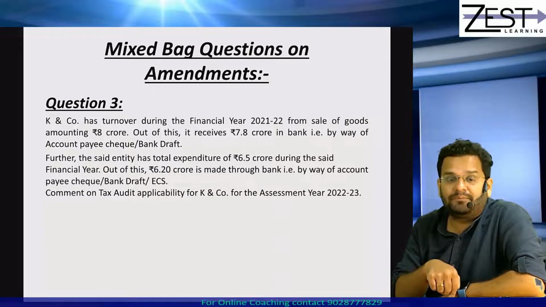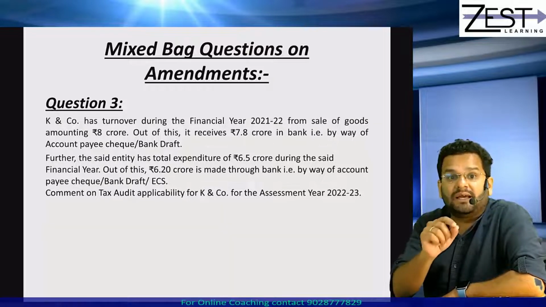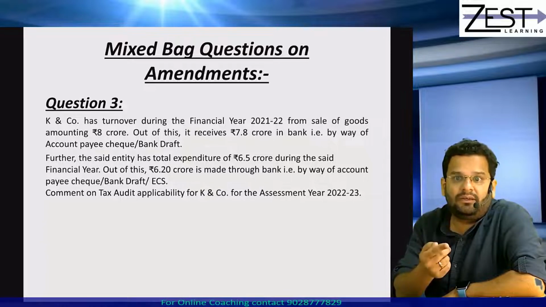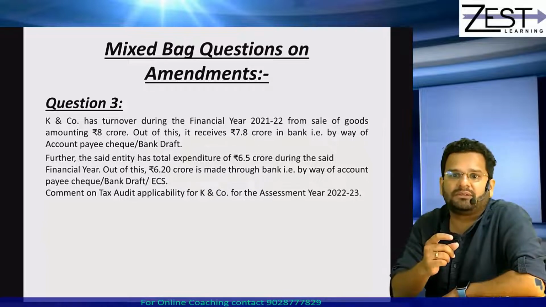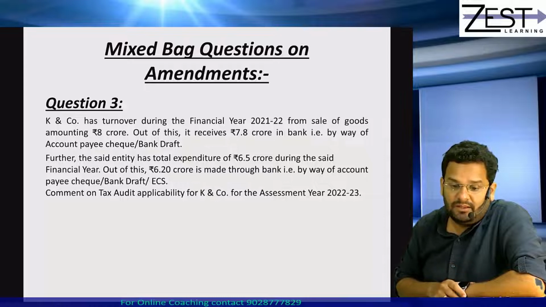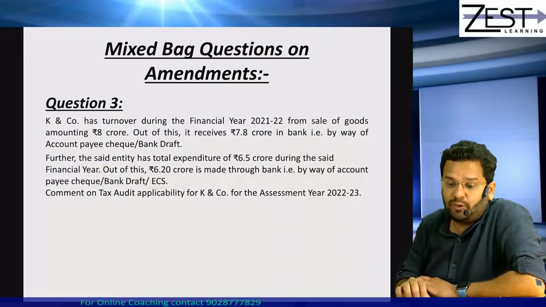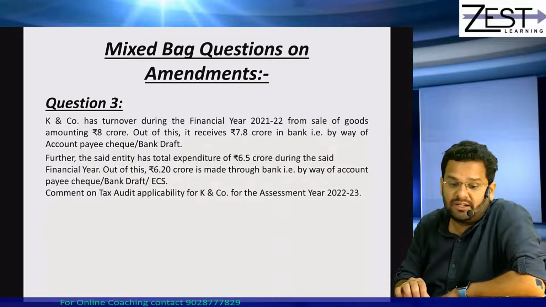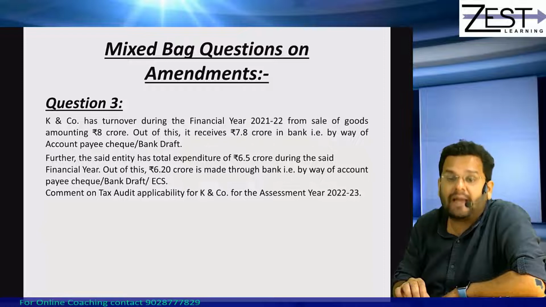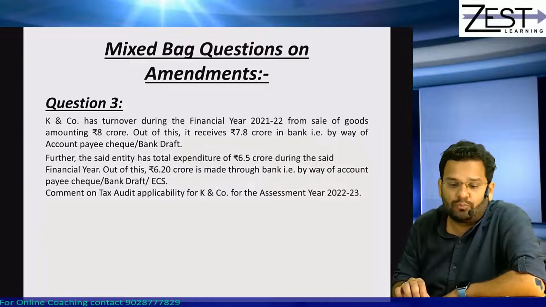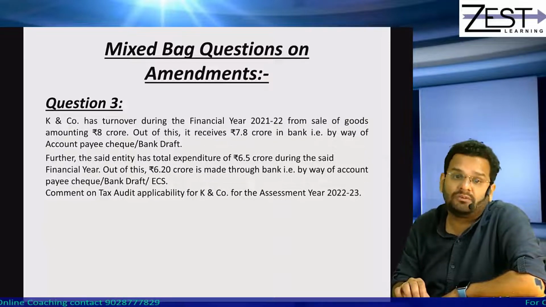Second step, your payment in cash should be less than 5%. Further, the said entity has total expense of 6.5 crore during the said FY. Out of this, 6.2 crore is made through bank, that is by way of account payee cheque, bank draft or ECS.